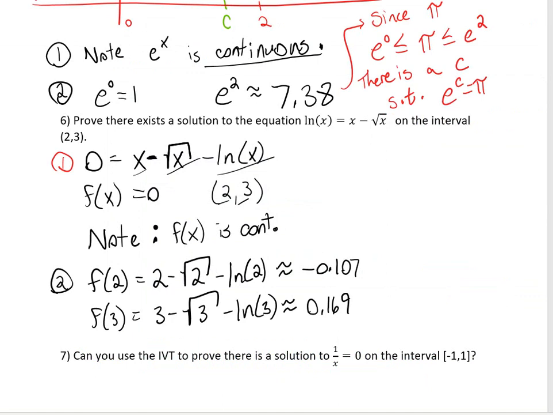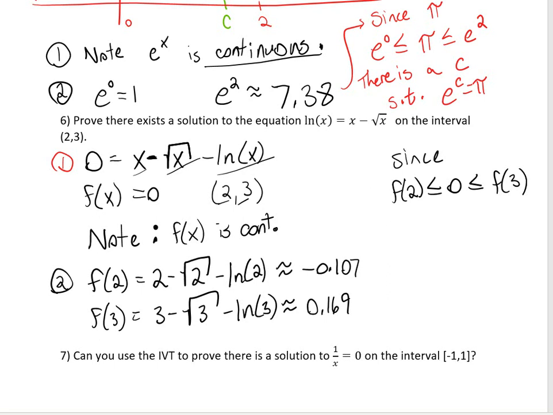When I plug 2 into my function, I get out negative 0.107, and when I plug 3 in, I get positive 0.169. So since 0 is between that positive and that negative number, there has to be a solution to this function.